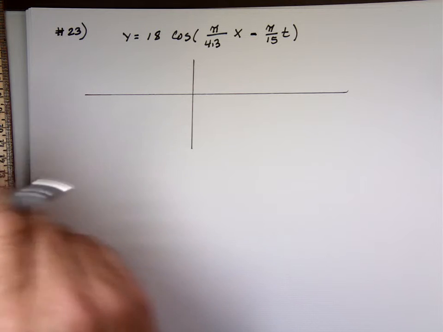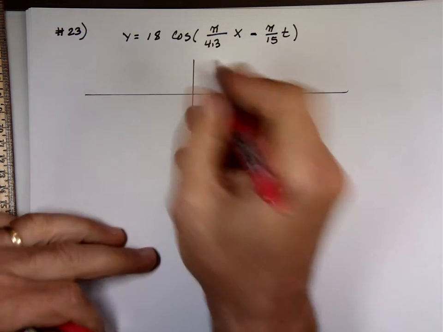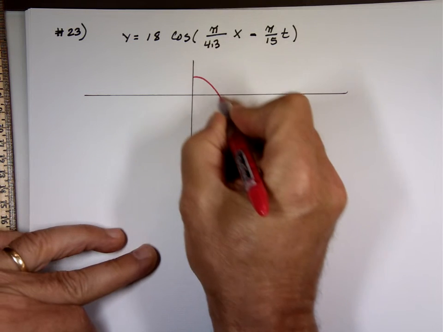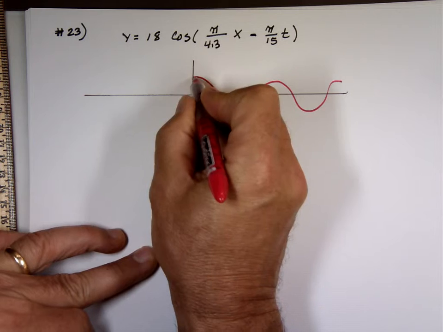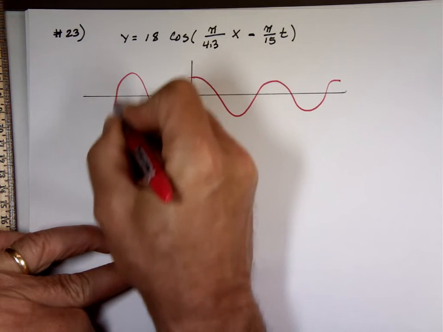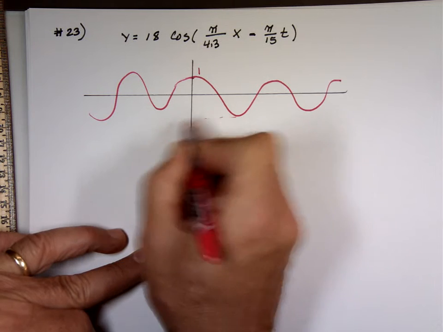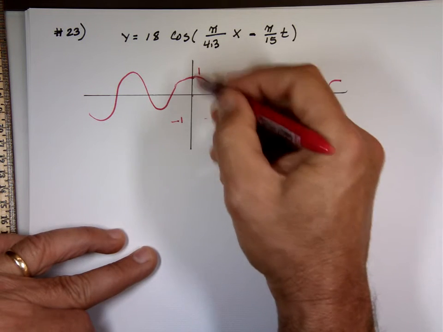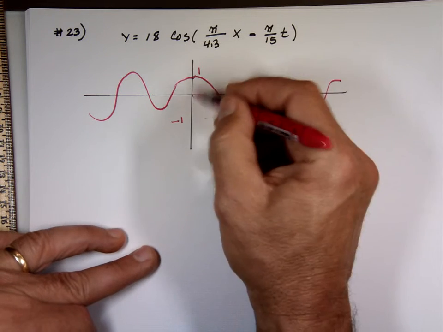That's just the basic cosine function. And the height is 1. The lowest value is -1. So my amplitude is 1, from the center to the peak value, not peak to peak.